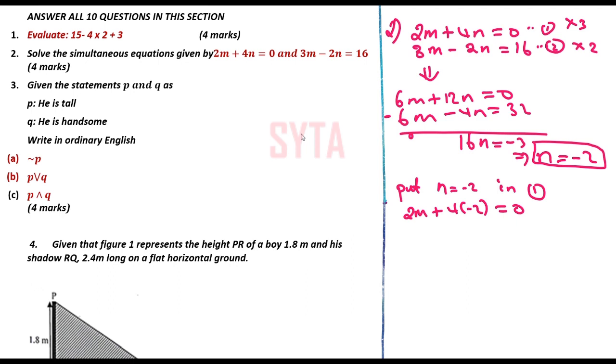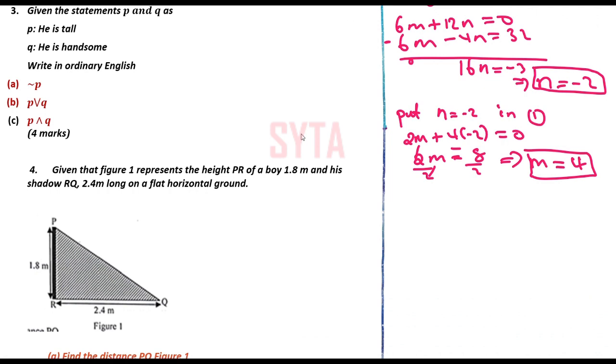Multiplying this gives negative 8, and crossing it the other way gives us positive 8. So 2m is equal to 8. Meaning that if we divide all through by 2, these 2 will cancel, and so it tells us that m is just equal to 4. Very good. Now that is it for question 2.